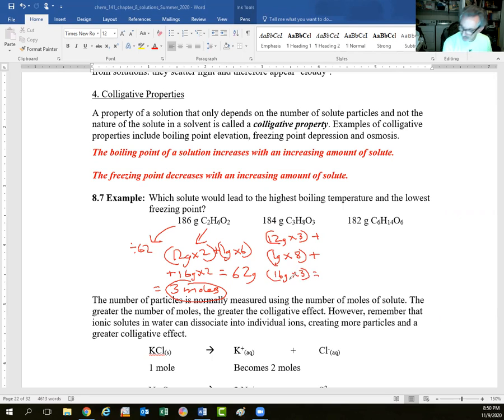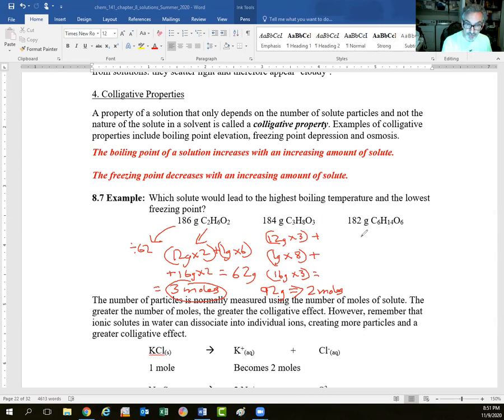That comes to a grand total of 92 grams per mole. 184 divided by 92, that works out as 2 moles this time. So despite being a very similar mass, we've got 3 moles compared to just 2 moles.